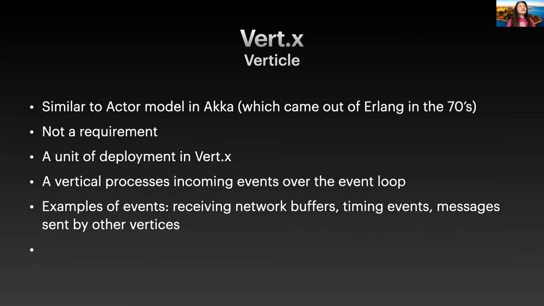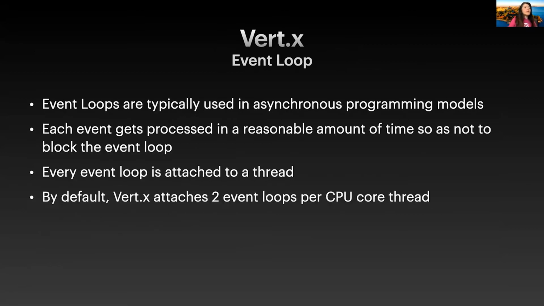Okay, and again, I mentioned the verticle. A verticle is similar to the actor model in Akka, and it's not a requirement. It's a unit of deployment in Vert.x. And a verticle processes incoming events over its event loop. Examples of these events, which I mentioned, are timing events, network buffers, and messages sent by other verticles. And a bit more about the event loop.